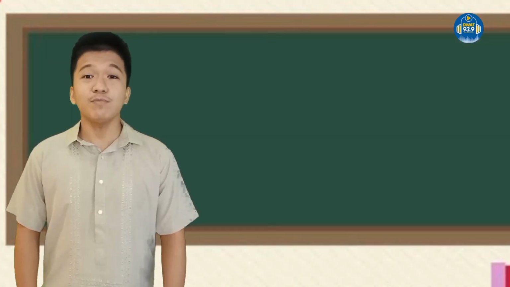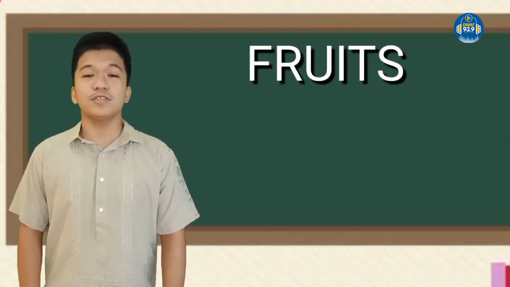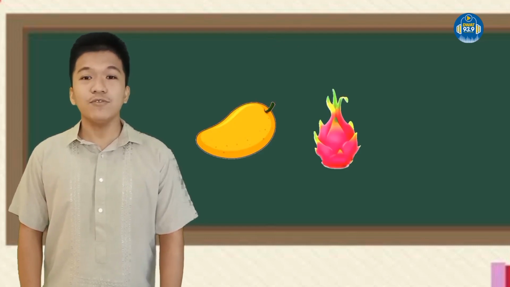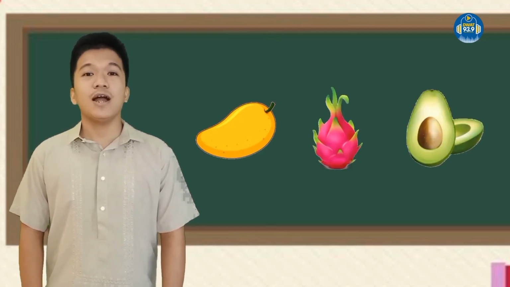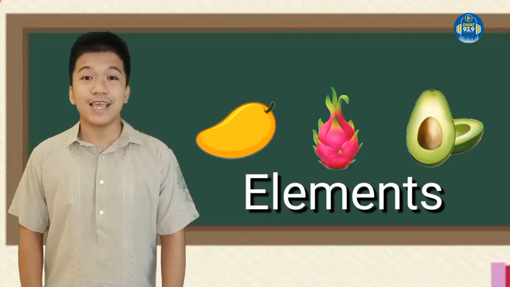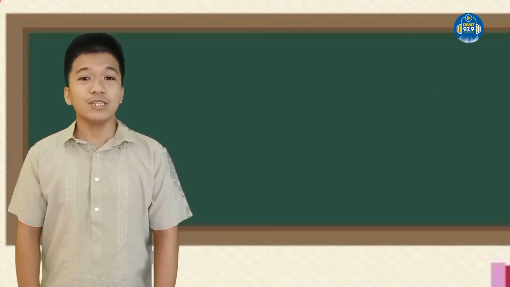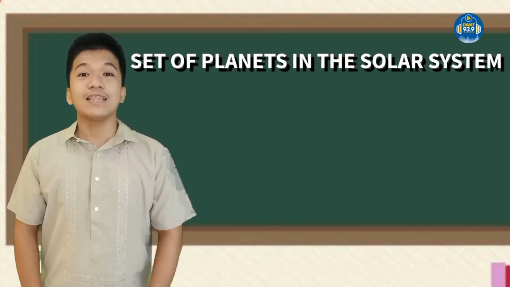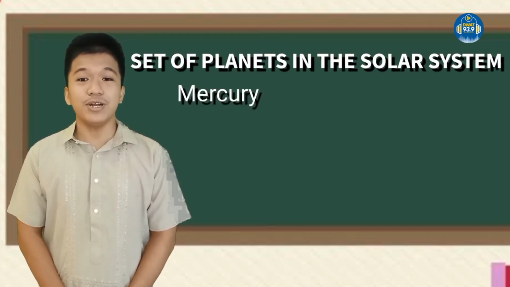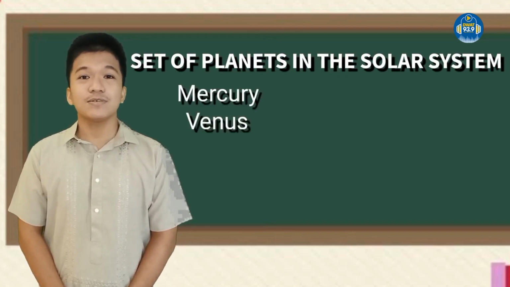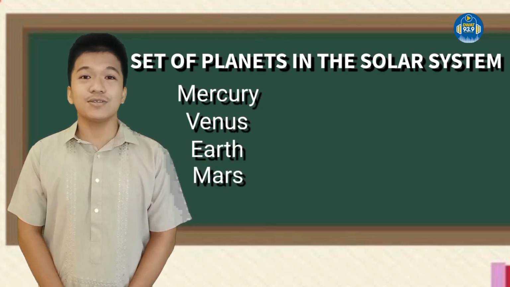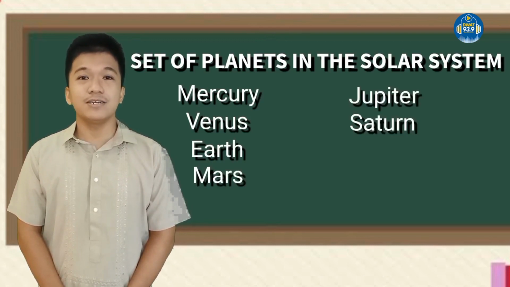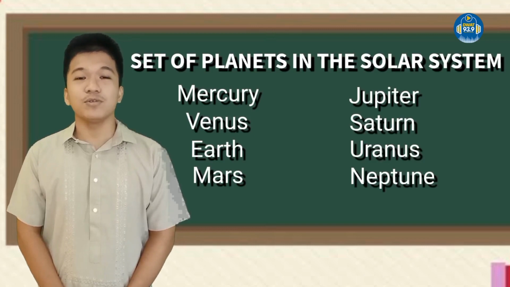In our previous example, in the set of fruits, the mango, dragon fruit, and avocado are the elements of the said set. How about if I ask you the elements of the set of planets in the solar system? The elements are Mercury, Venus, Earth, Mars, Jupiter, Saturn, Uranus, and Neptune.